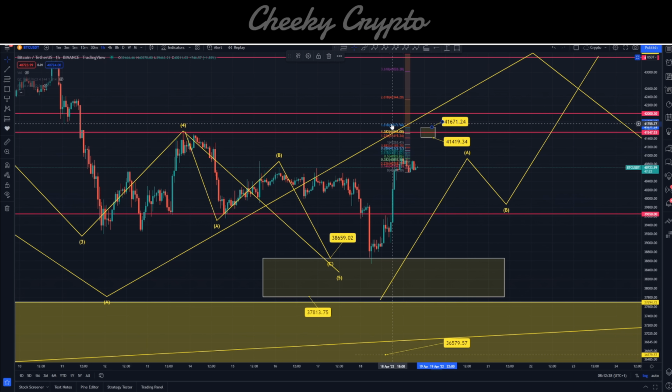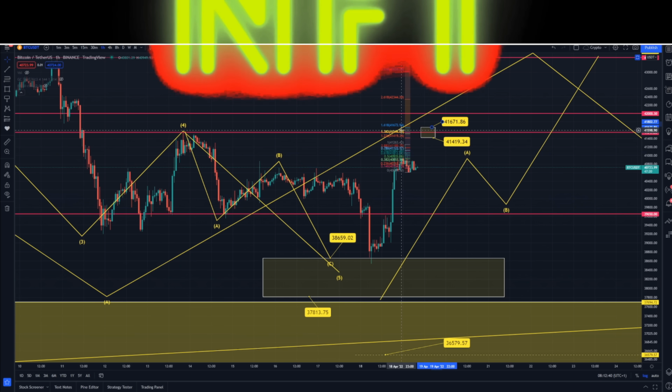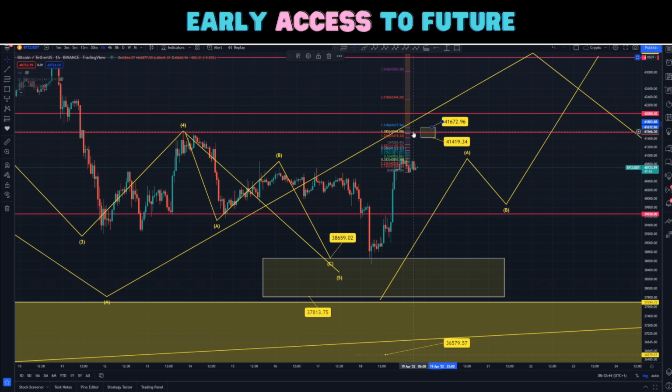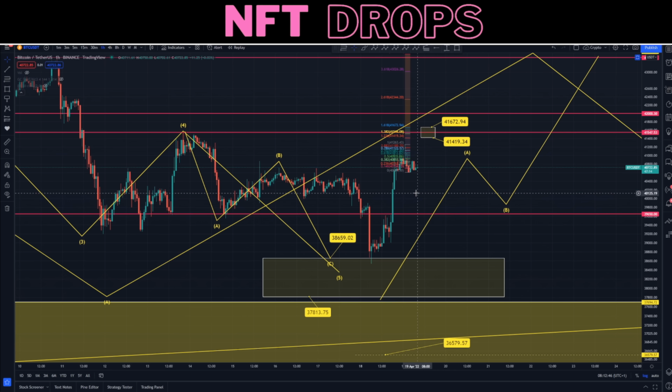So pretty quick to get this one mapped up. Okay, so that's what we're looking for.